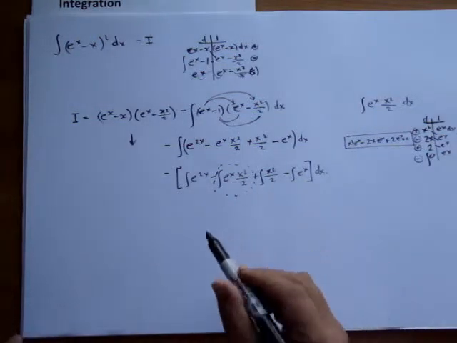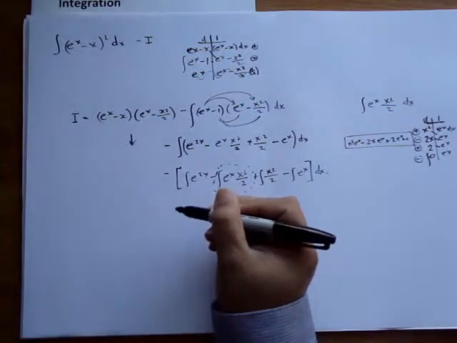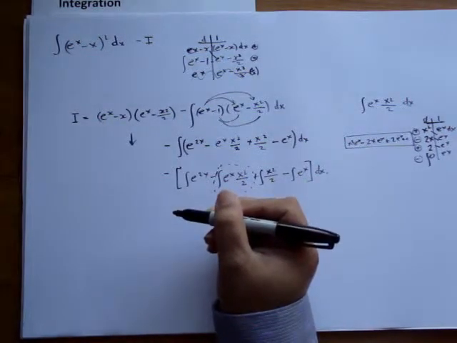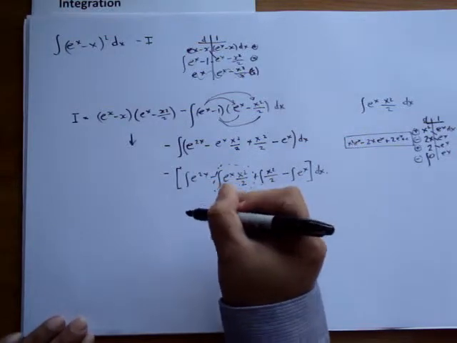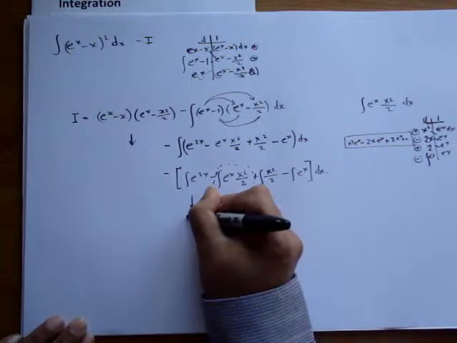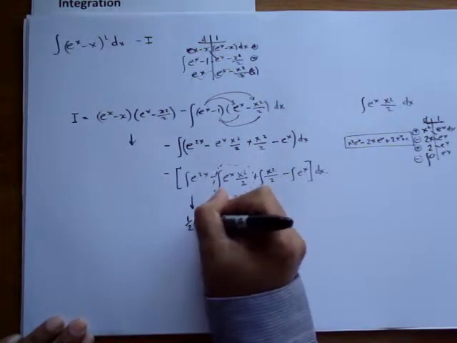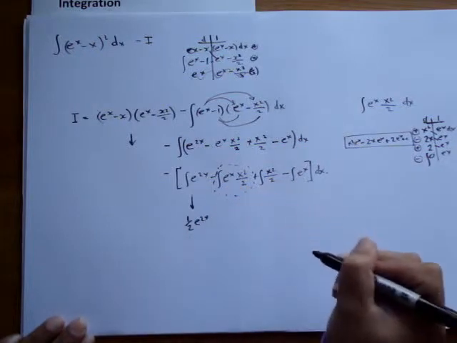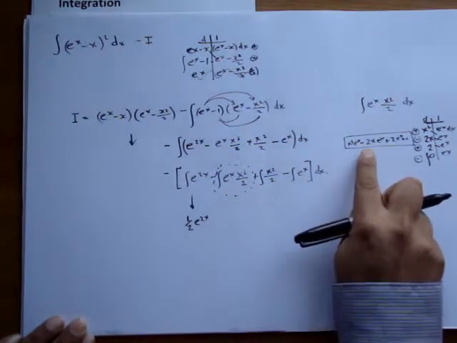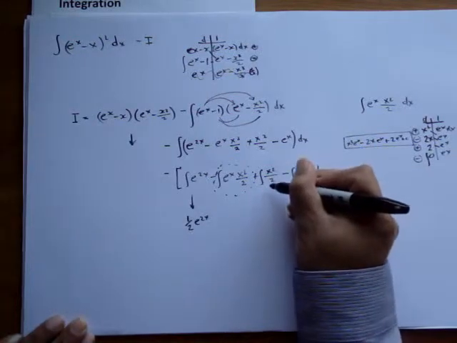Okay, so we've done this. Now we can integrate each in turn. So this then becomes a half e to the 2x. This is our thing here, so we'll do that towards the end.